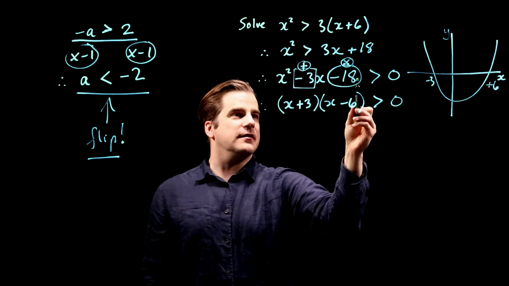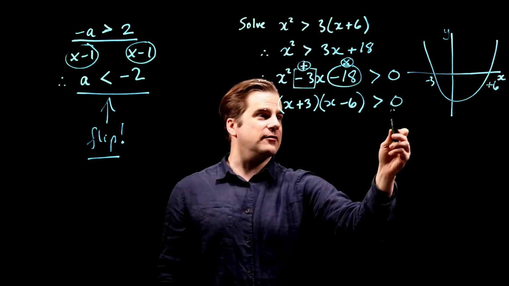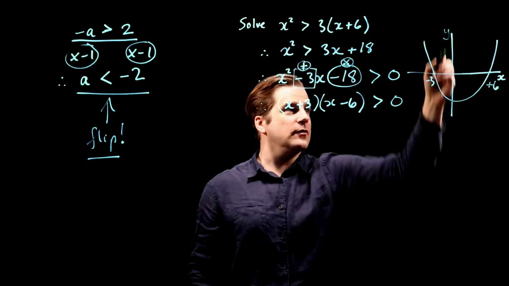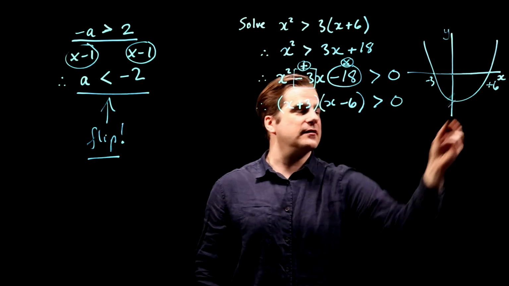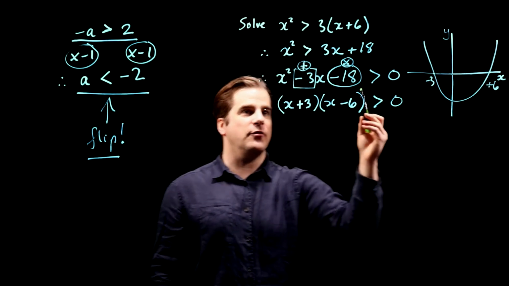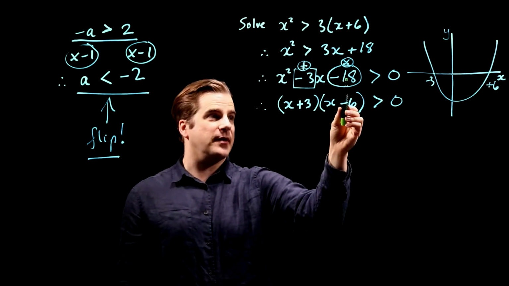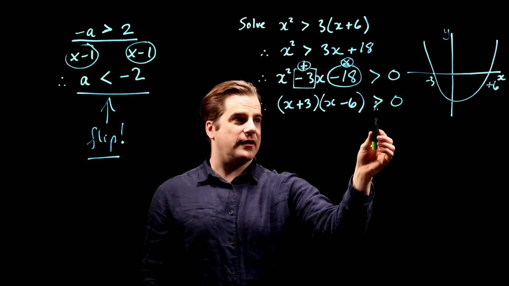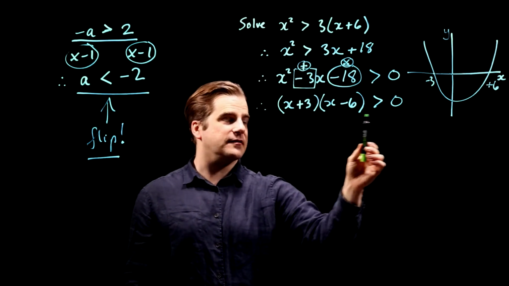Because the quadratic equals 0 there and there. Y equals 0 there and there. So essentially what we're doing is plotting the graph of y equals x squared minus 3x minus 18, and y equals 0 at x is minus 3 and x is plus 6.